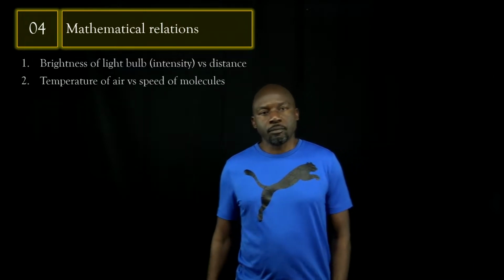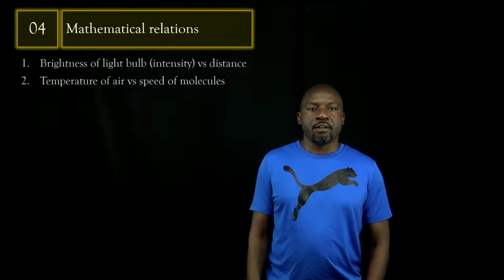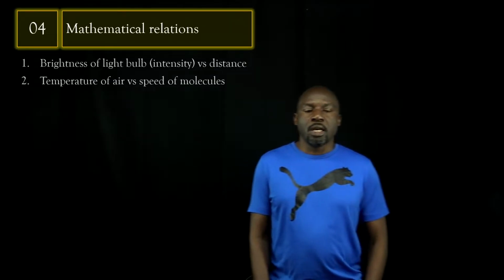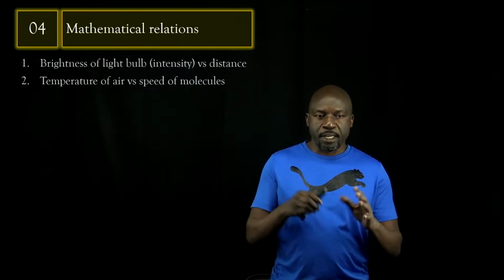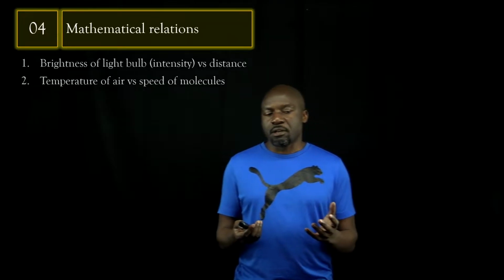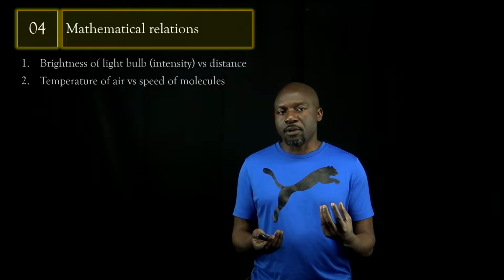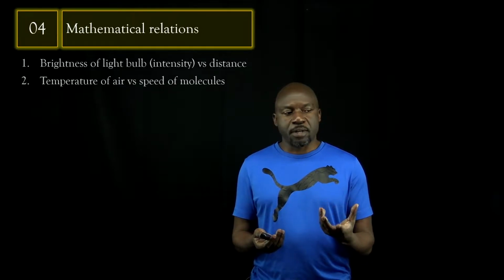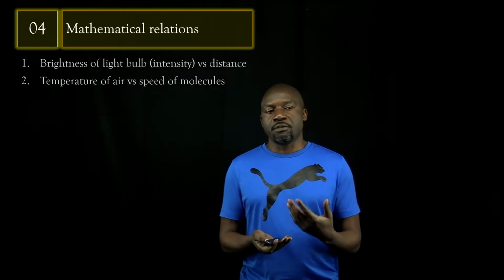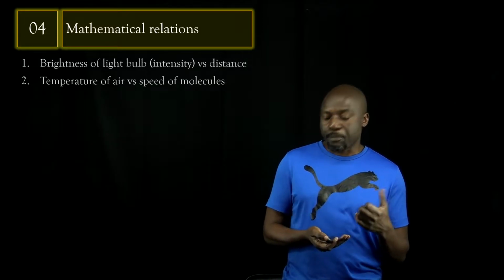Another kind of relation would be the temperature of air versus the speed of molecules. I could demonstrate this using a simulation. If you have a container with molecules inside and you raise the temperature of the container, the molecules absorb the thermal energy and convert it to kinetic energy. That means they move faster. So clearly the speed of the molecules will depend on the temperature inside, right?